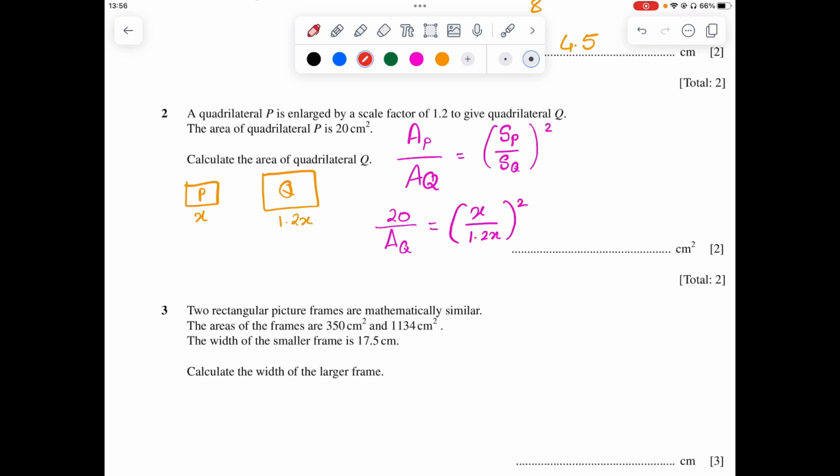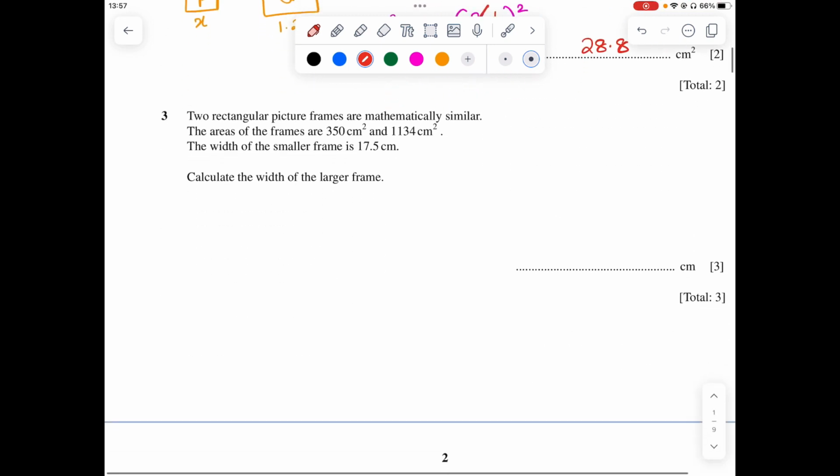So what happens? x and x get cancelled. So what does that give me? 20 upon area of Q equals, this is 1, 1 square is 1, 1.2 square is 1.44. Do the cross multiplication. You should be getting area of Q is 20 times 1.44, which is nothing but how much? 28.8.